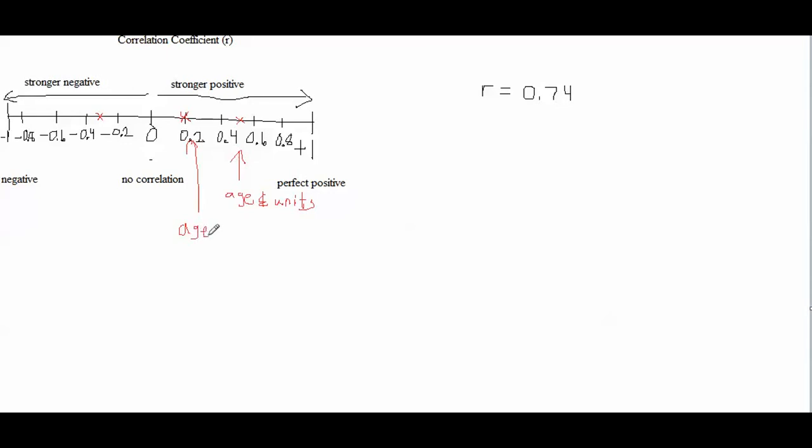So the correlation between age and units was a stronger positive correlation than the correlation between units and children, because this correlation came out closer to 1, and this one came out closer to 0. The one that comes out closer to positive 1 is stronger.